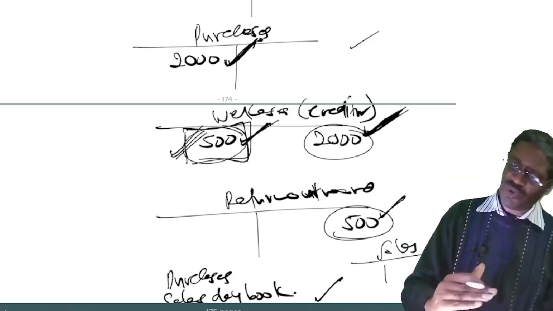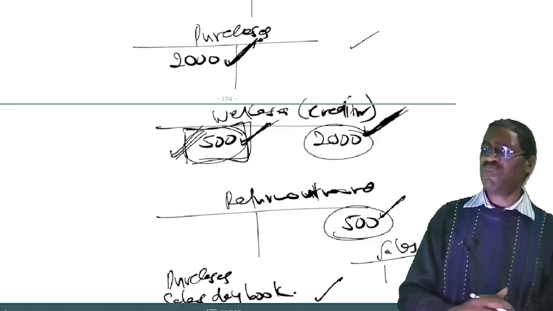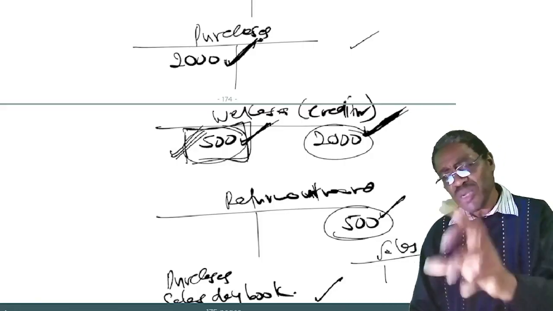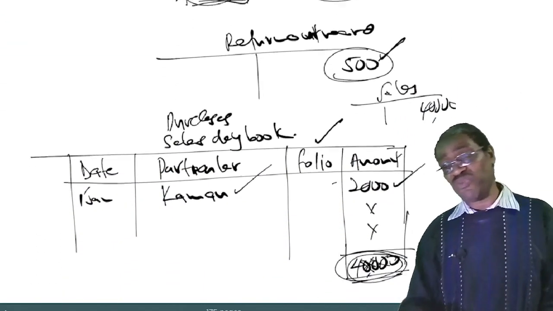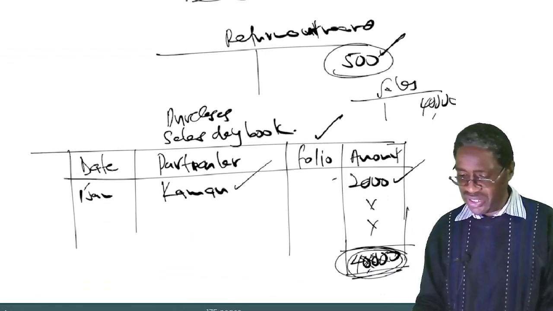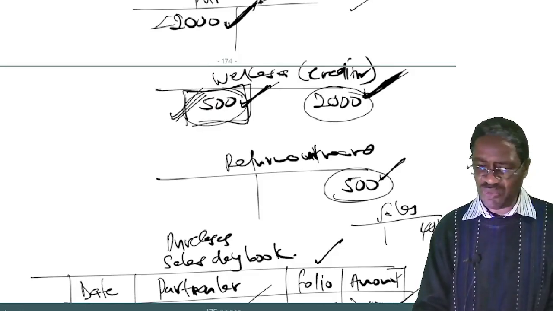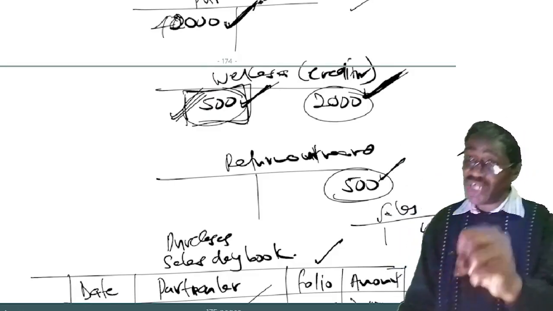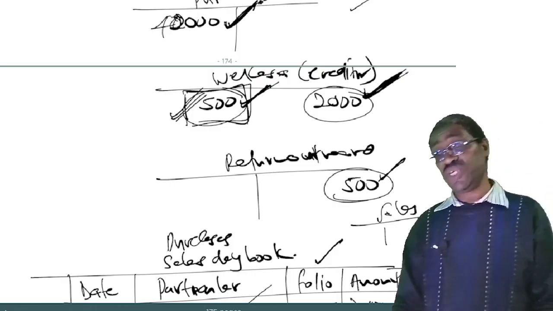If you purchase from maybe Wanyonyi, you must have credited Wanyonyi's account. But then you are supposed to be debiting purchases. Again, by the end of the week or by the end of the month, take this total of purchases, come and debit purchases here with the total 40,000. You have still followed the double entry, but it's only that you want to post the total of purchases every month. But the double entry, you have followed it.